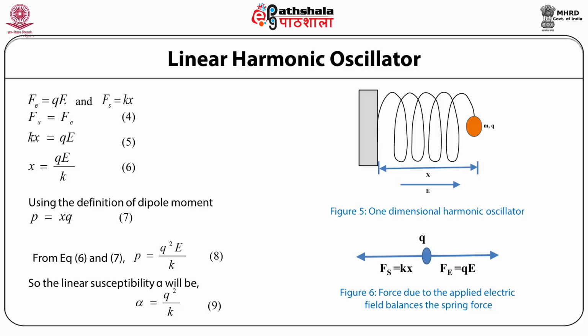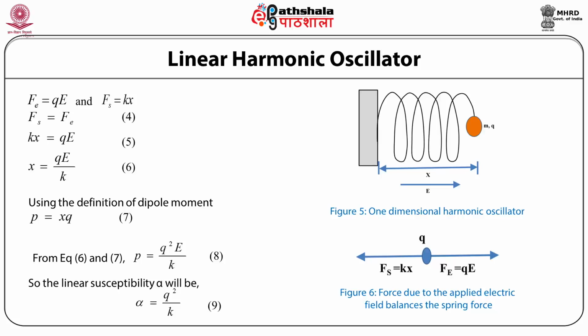And using the definition of the dipole moment, we know P = xQ. That means P = (Q²/K)E. So, the linear susceptibility α can be defined as α = Q²/K.